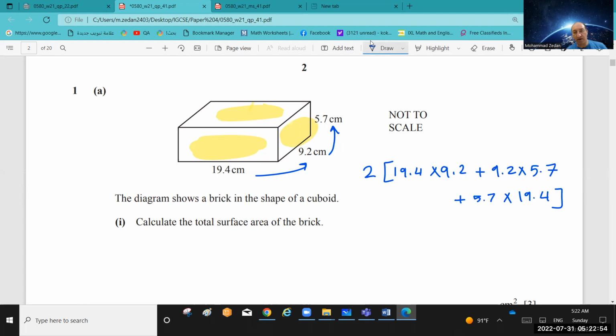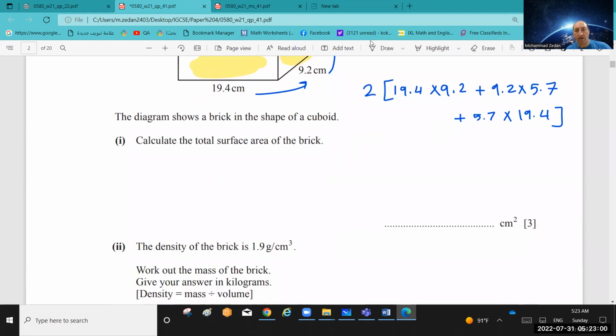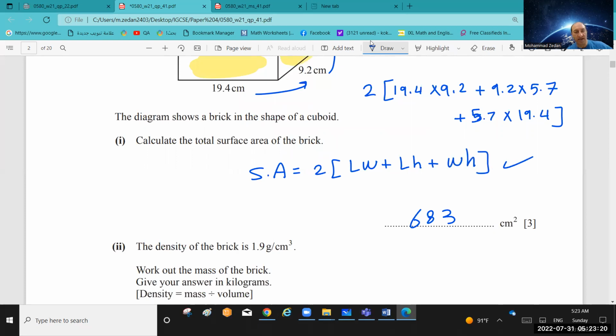By using a calculator, you will get the answer, 683. I applied the formula for the surface area of a cuboid: 2 times length width plus length height plus width height. That's what I did.